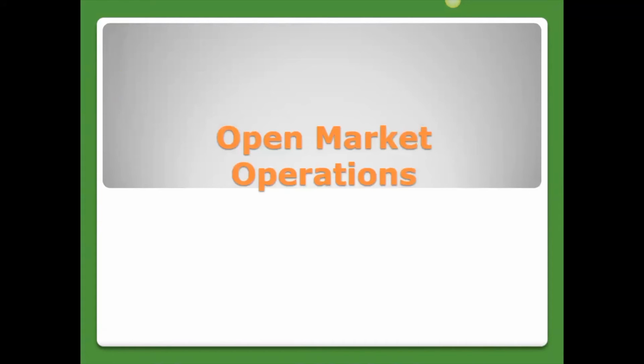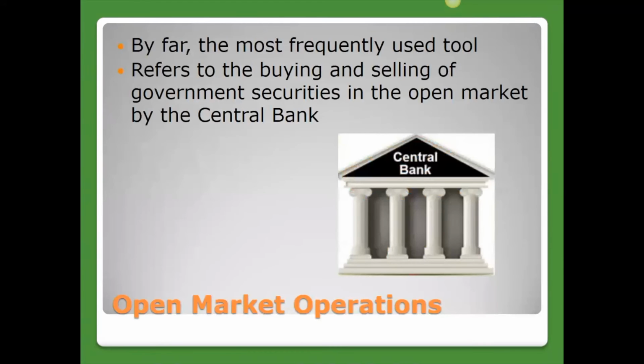The third issue that has come to the forefront just recently, and two different central banks are talking about this. The Fed just announced that they're going to reduce their balance sheet, and the ECB has talked about reducing their asset purchase program. So this is what the asset purchase program is. They're called open market operations. This is the most frequently used tool by the central banks.